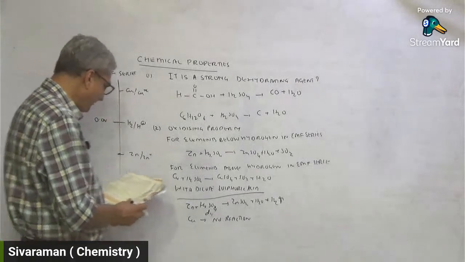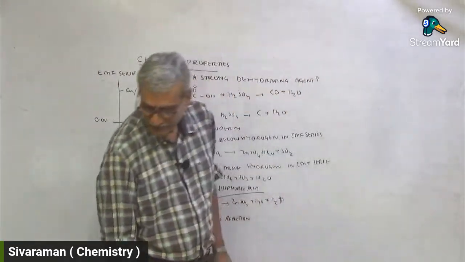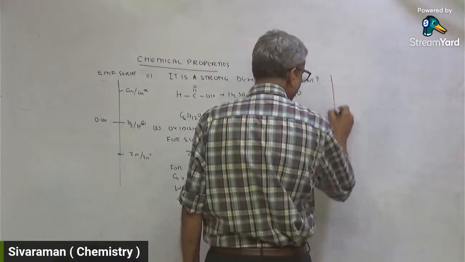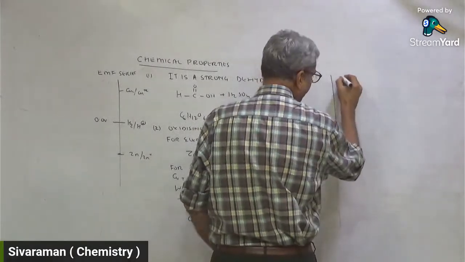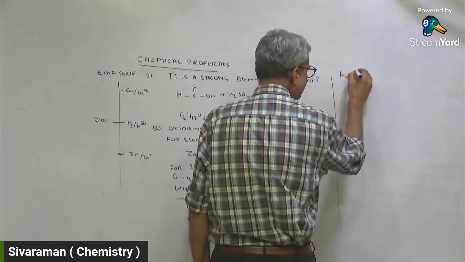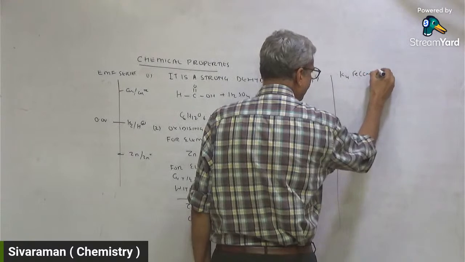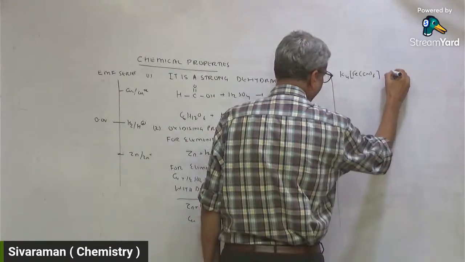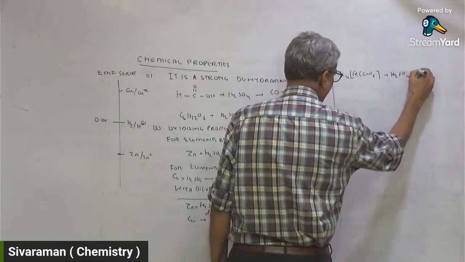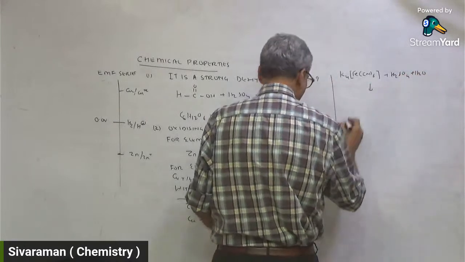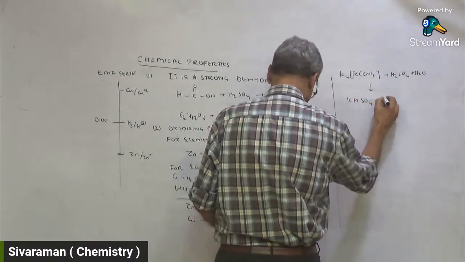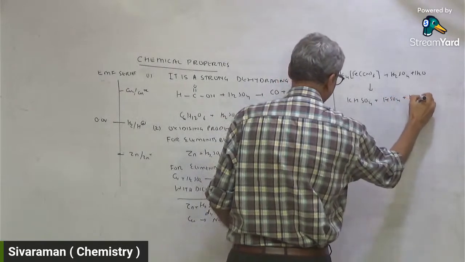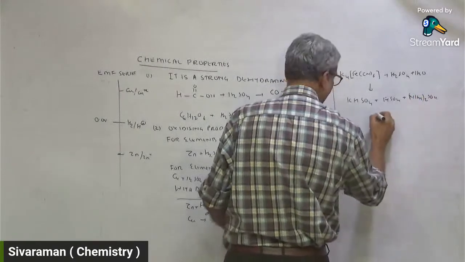This is clear. We have an interesting example over here. I don't know why they have mentioned this, it is K4Fe(CN)6. If you react it with sulfuric acid, you get KHSO4 plus FeSO4 plus ammonium sulfate and carbon monoxide.